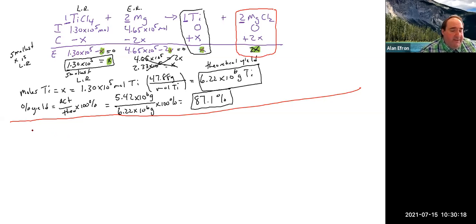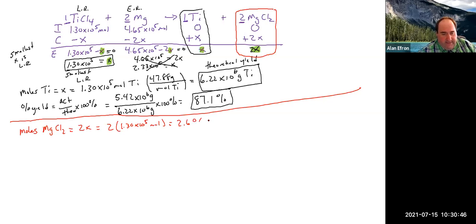Now that I have the 2x on the bottom there, we see that the moles of magnesium chloride is equal to 2x, which means we can take 2 times our x value, our 1.3 times 10 to the 5th moles, and that would tell us that we would have produced 2.60 times 10 to the 5 moles of magnesium chloride.